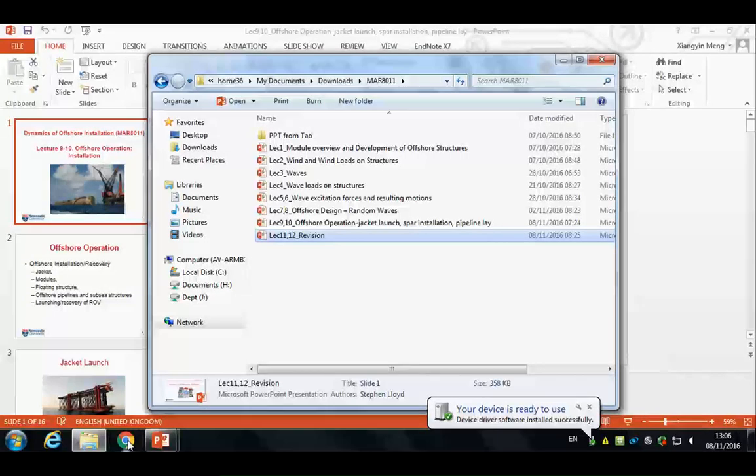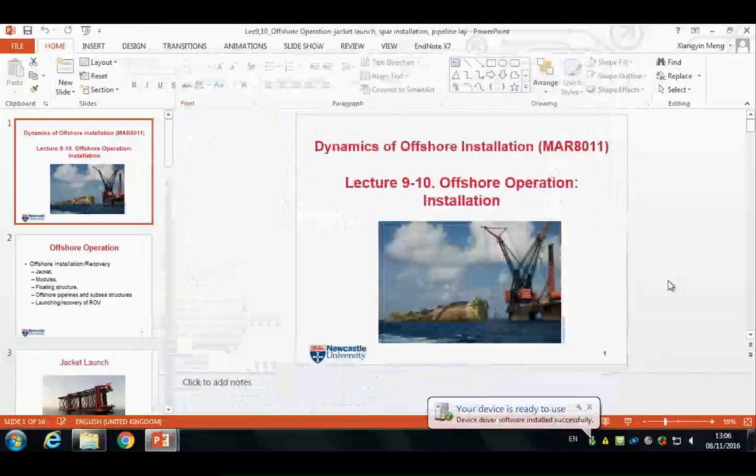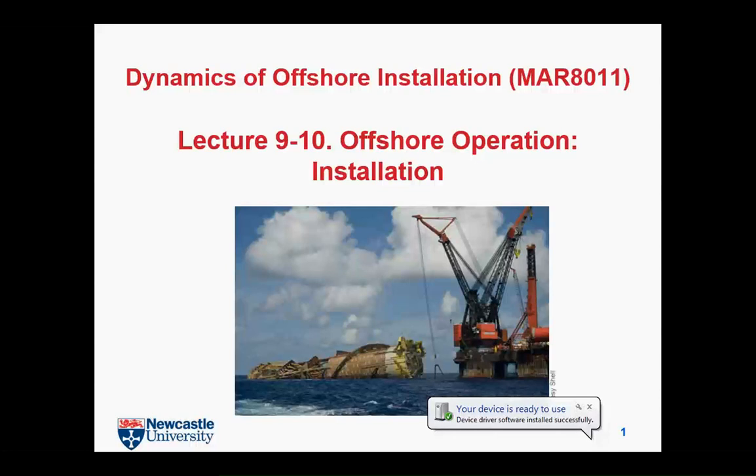And in the first hour, I will go through this teaching material. It's about offshore operation. But actually, when I got the teaching material from Professor Long Bin, I just had some photos like this.